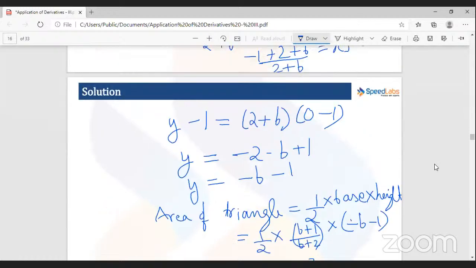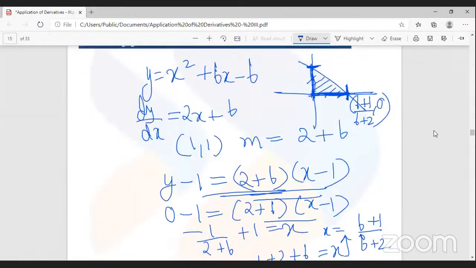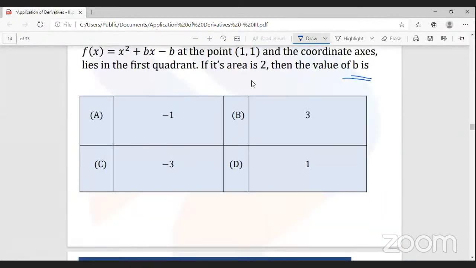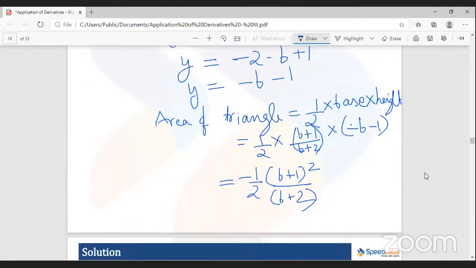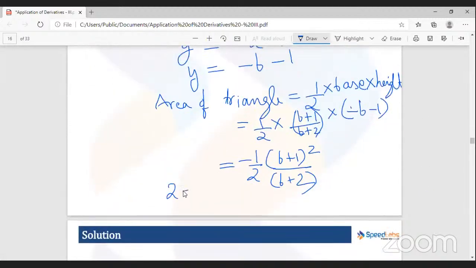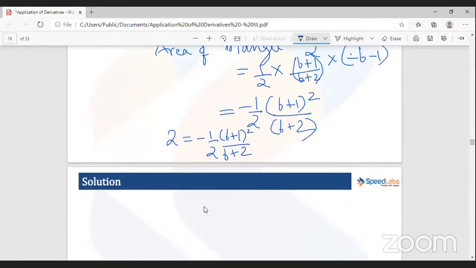Now, is the area given in the question? Yes, the area is given, 2. So we'll equate the area with 2. So 2 equal to minus half (b plus 1) whole square upon (b plus 2). So (b plus 1) whole square upon (b plus 2) equal to minus 4.